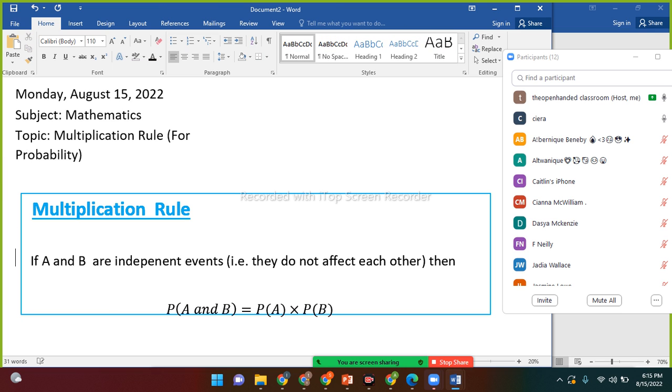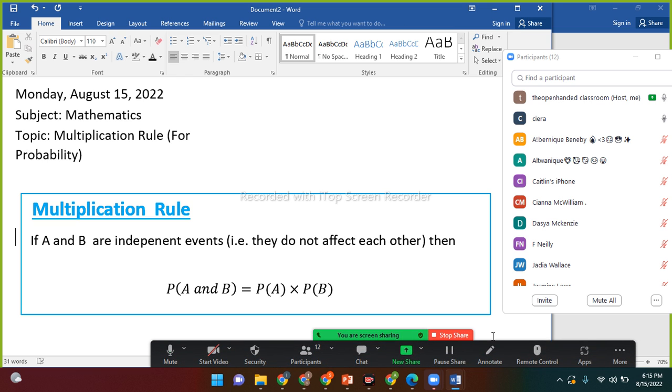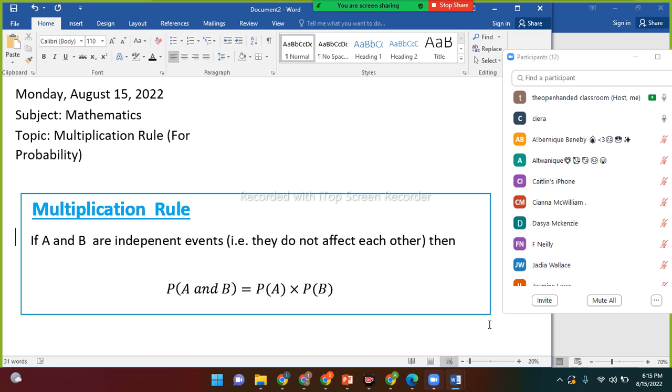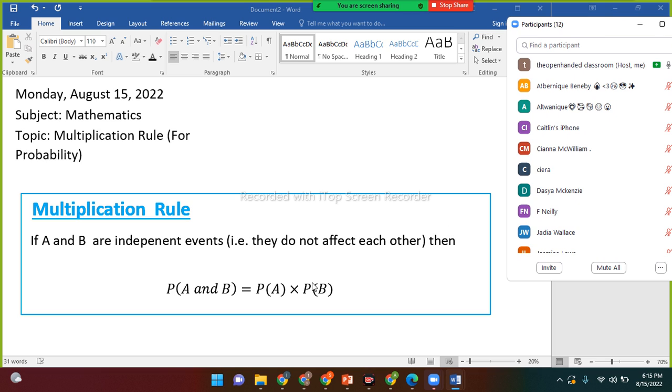Wouldn't we add the probabilities? Oh yeah, so it'll be P(A) plus P(B). Exactly. So it'll be the probability of A plus the probability of B if it was the addition rule. But for the multiplication rule, it's different. We multiply the probabilities. All right. So be careful. Addition rule, when it's or, so if it's probability of A or B, we add the probabilities.